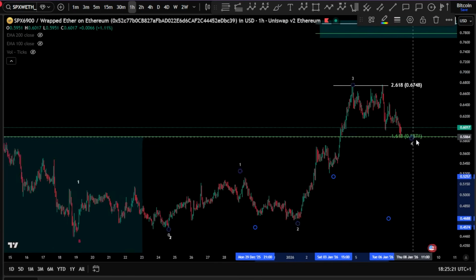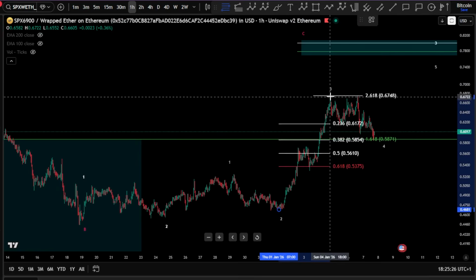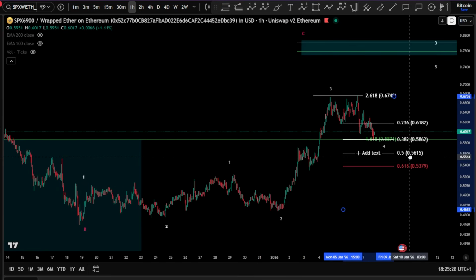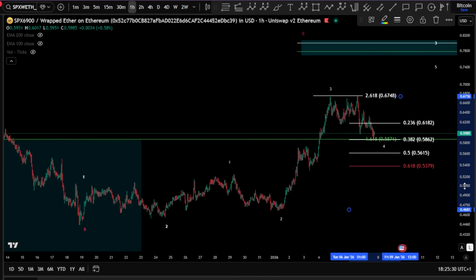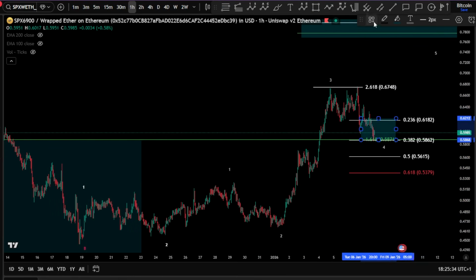Plus, you have reached the 2.618, which is very extended, also move from SPX. Now, basically, if we take a look as well on the fib level, we already reached the fib levels for wave 4, which is the 0.38 fib level here.